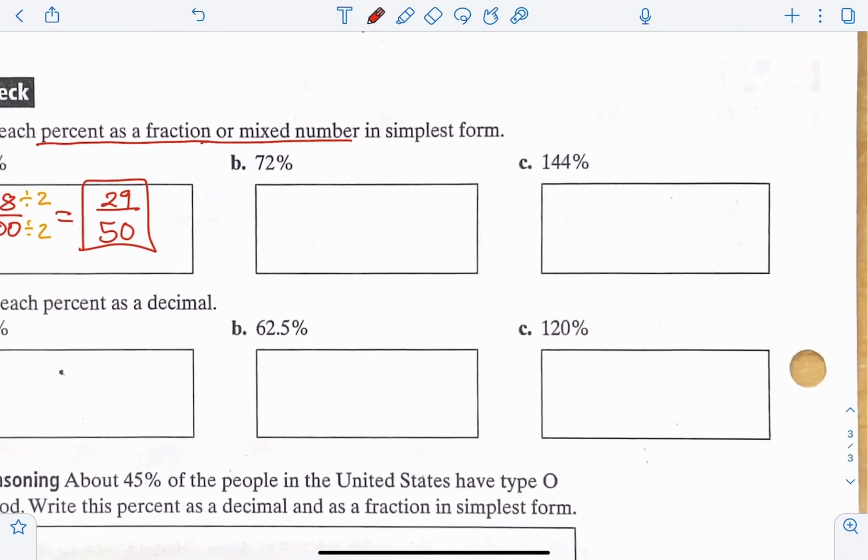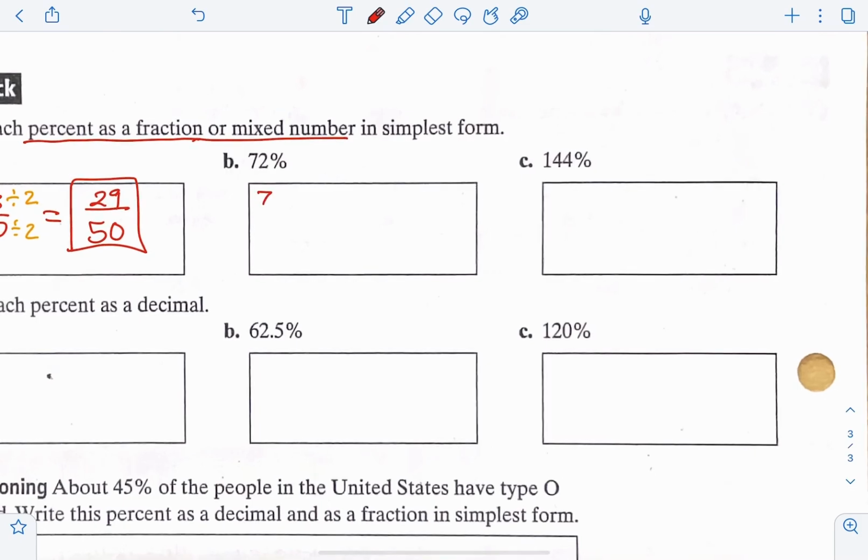All right, so hopefully what you did for B is you went 72 over 100 to start. And then to simplify it, we did divide by 4, and we should have gotten 18 over 25 as our simplest form. For C, we should have 144 over 100.